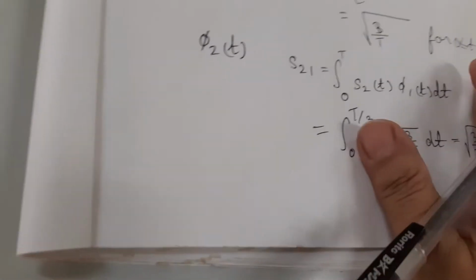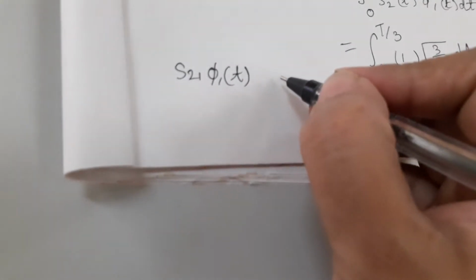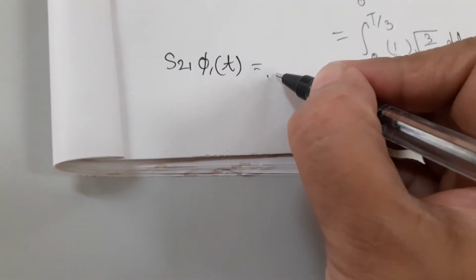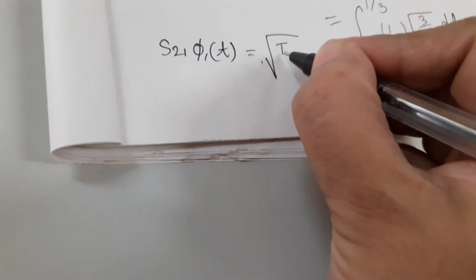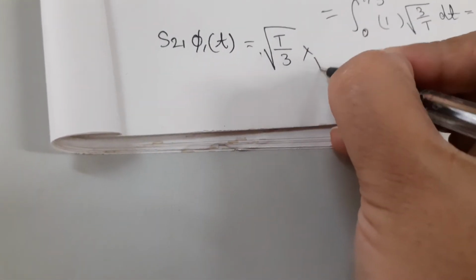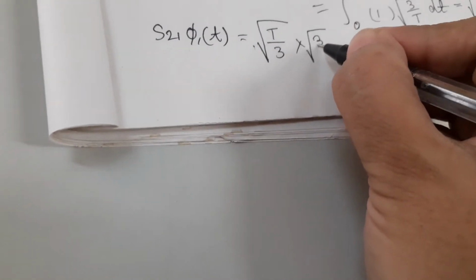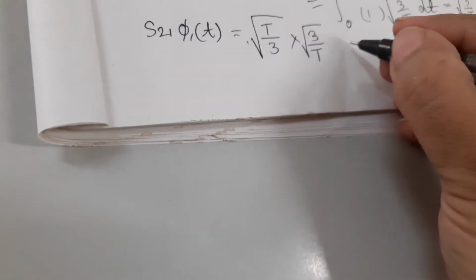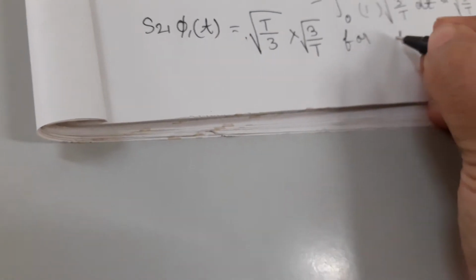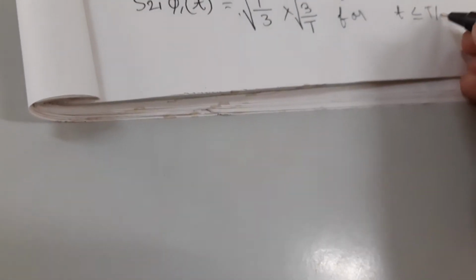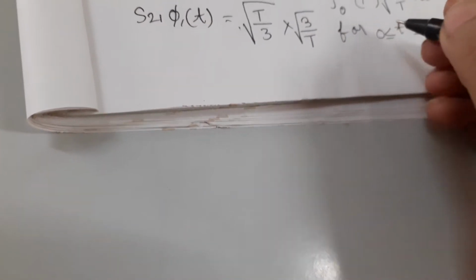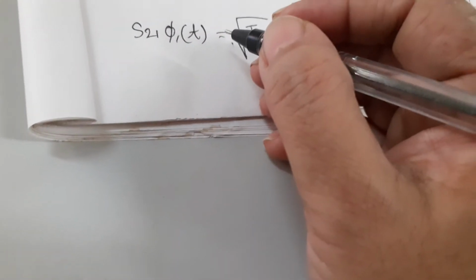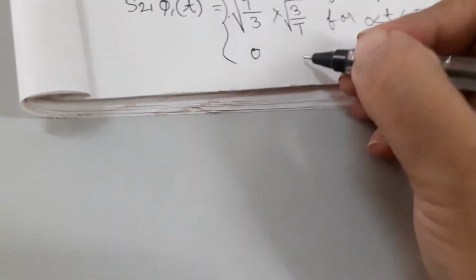Now, how will you calculate the values? So S21 phi 1 of t is equal to root T by 3 into root 3 by T. This is for t less than or equal to T by 3 and more than or equal to 0, and this is 0 elsewhere.